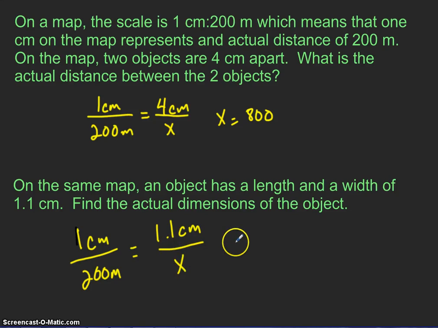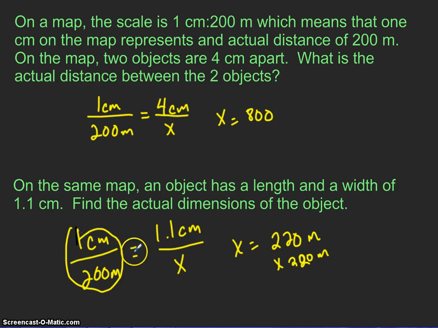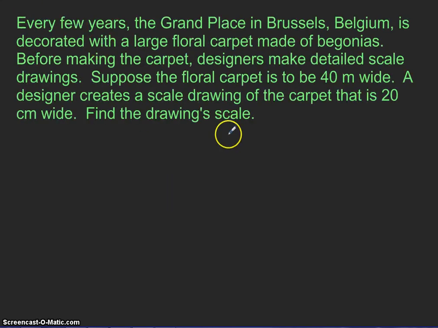That's just 1x, and 1.1 times 200 is 220. So I've got 220 meters by 220 meters, because I'm given a length and a width of 1.1. So the scale we're given is a ratio, and we're going to use it in a proportion to find the missing item, whatever that may be.